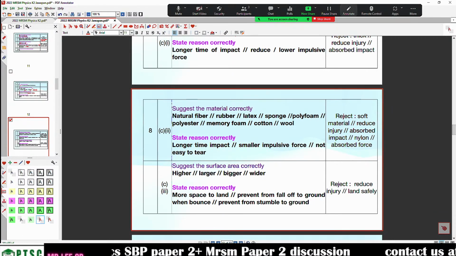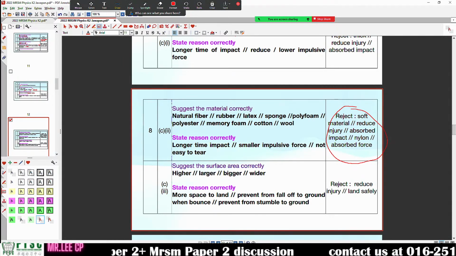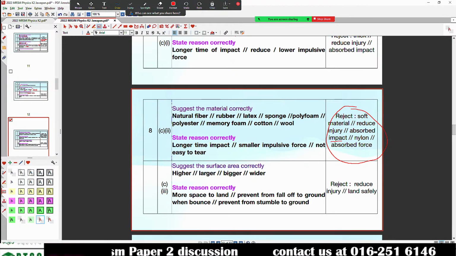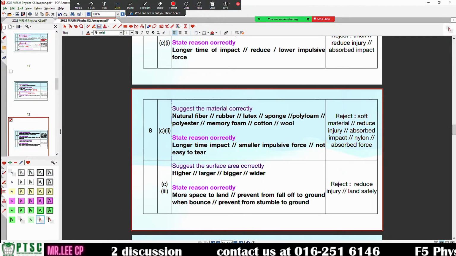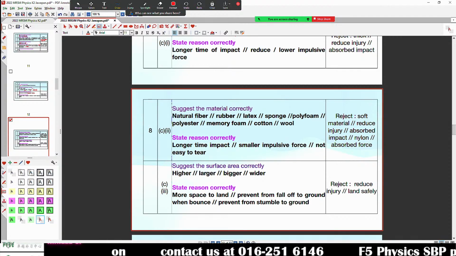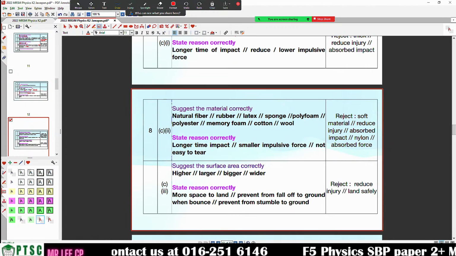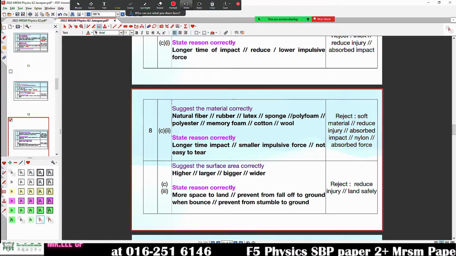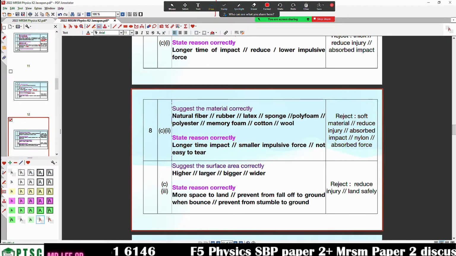You see here, soft material rejected, reduce injury rejected, absorb impact rejected, nylon absorb force rejected. So the answer is natural fiber rubber. You have to write precisely, like sponge or cotton wool, you write one is enough. If you say soft material, they will mark you wrong. So the material you have to write properly.